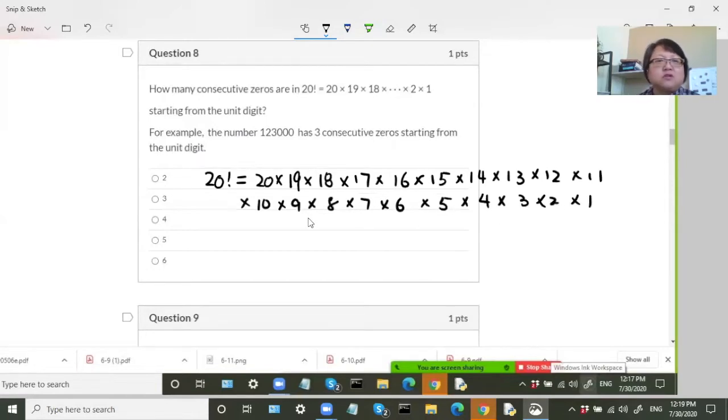Okay, so we need to figure out how many consecutive zeros there are starting from the unit digits. As we know, if we have a factor of 5, so obvious, we know this one.